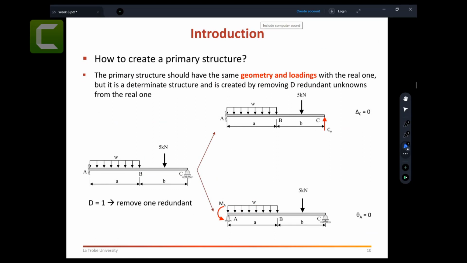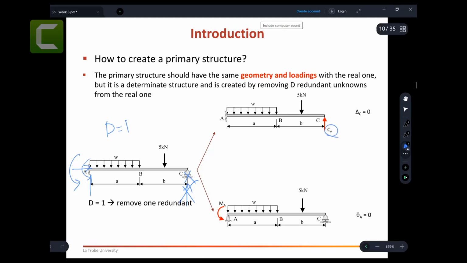How do you create the primary structure? As I mentioned, you can just remove supports. If I find the degree of indeterminacy here, it would be 1. Based on 1, you can remove 1 extra support, because you have 1 reaction force, a second reaction force here. So you can remove 1 additional force, and you put the CY.